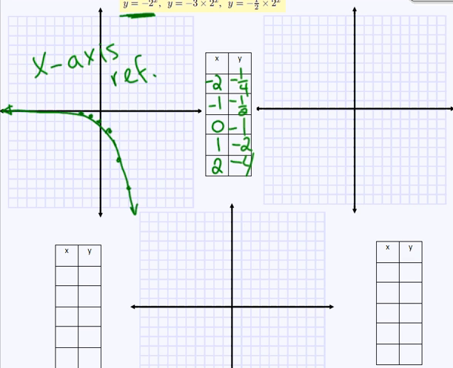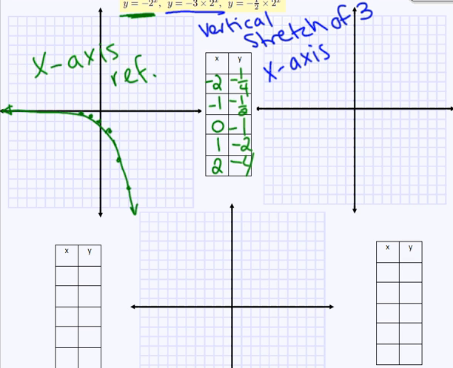For time's sake, I'm not going to continue to graph all of these. Let's talk about the transformations though. This one here, we're going to have a vertical stretch of 3 and an x-axis reflection. I'll graph this one quickly.